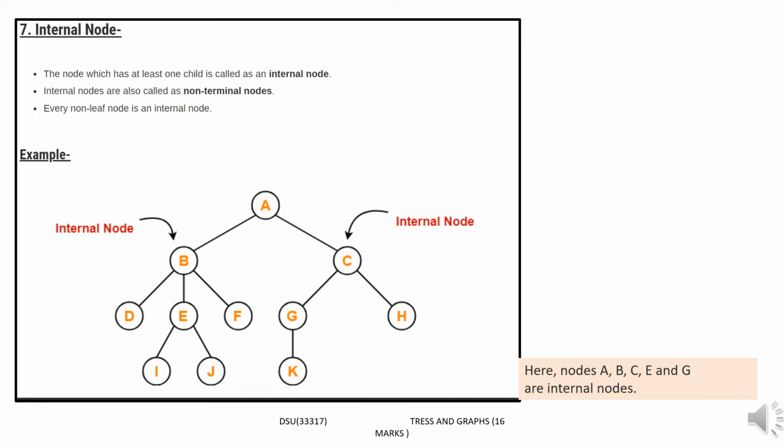Again in this, A, B, C, E and G are the internal nodes, because these nodes have at least one or more children. Means internal nodes are also called non-terminal nodes. D, F and H are not internal nodes, but A, B, C, E and G are the internal nodes.